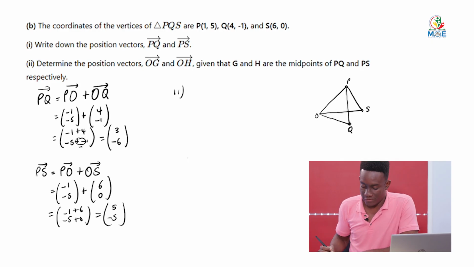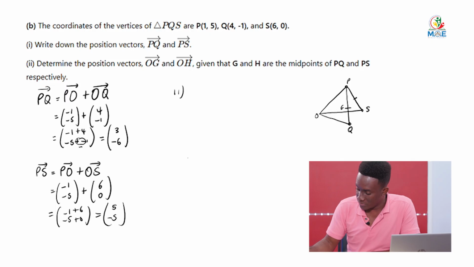The next thing they want us to find is OG, and they said that G and H are midpoints of PQ. PQ would be this line here, so G would be halfway of that, so let's call here G. And H would be halfway of PS, let's call that there. So they want us to find OG.